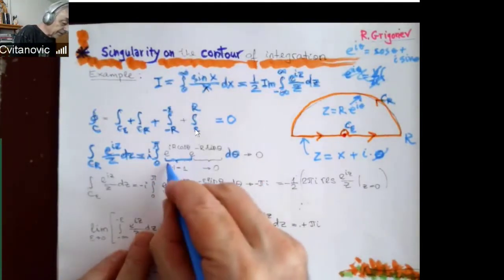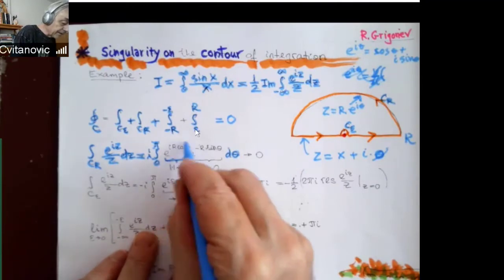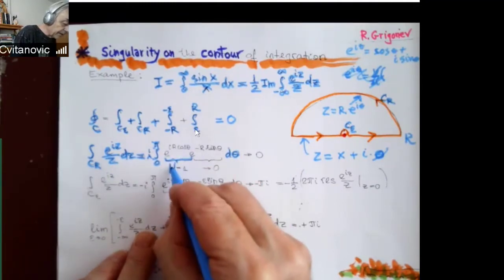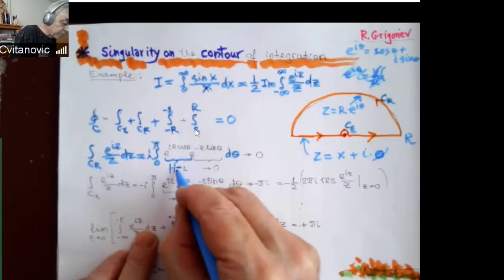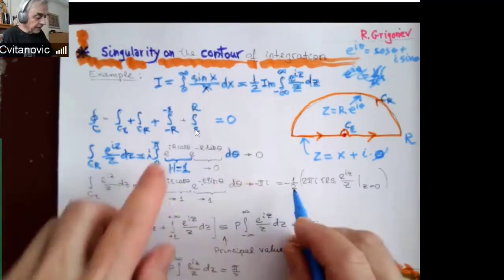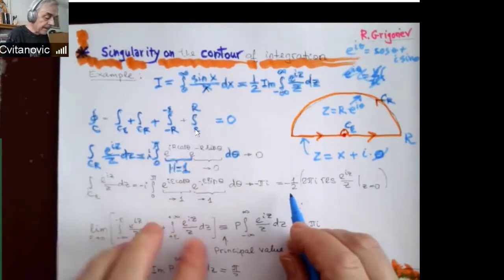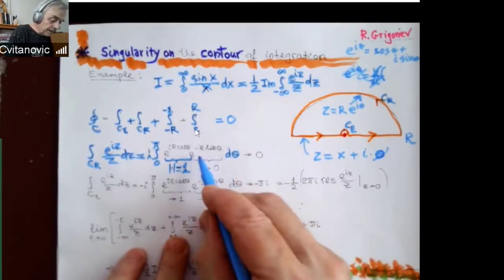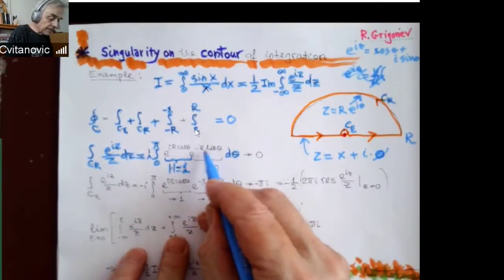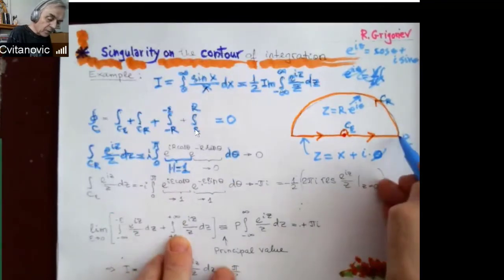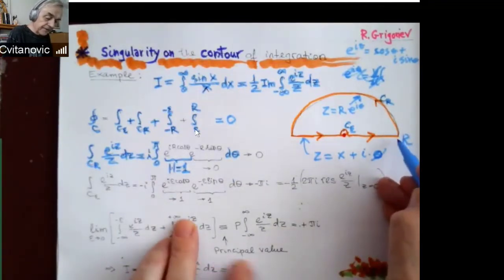The real part of this is an oscillatory integral, it's just a phase. So the magnitude of this part is just 1. So nothing interesting happens here. Now this one is e to the minus r times sine theta, and sine theta is 0 only at these little points.